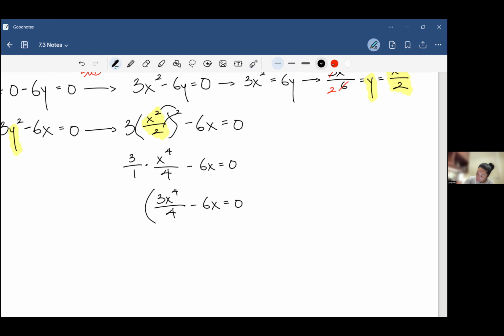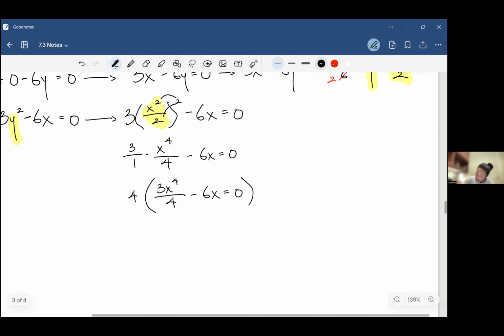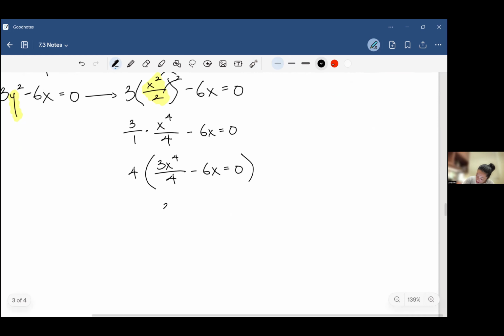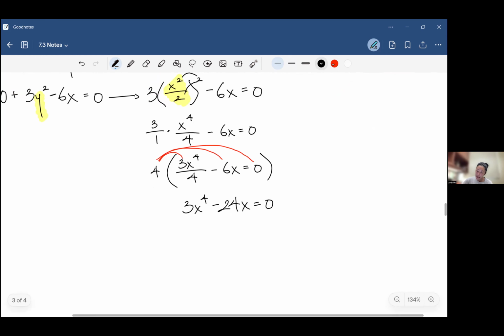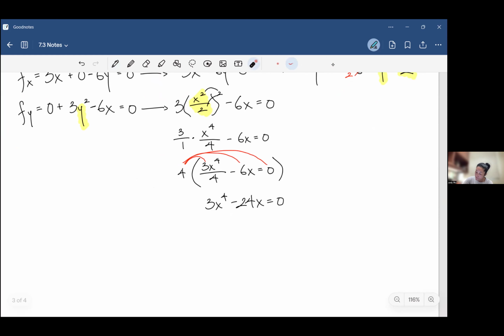Okay, so I'm going to multiply everything by 4, and I end up with 3x to the 4th minus 24x equals 0. Okay, so like the 4 here, the 4 here, and the 4 times 0. And now I'm going to go ahead and factor this out. That's going to be helpful for us here to help us find our x value.